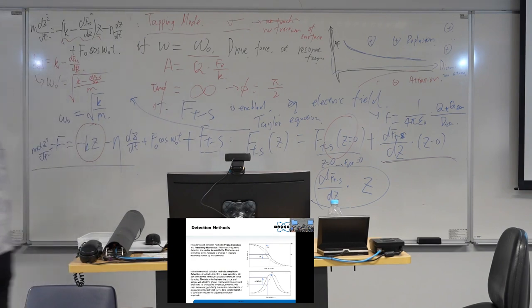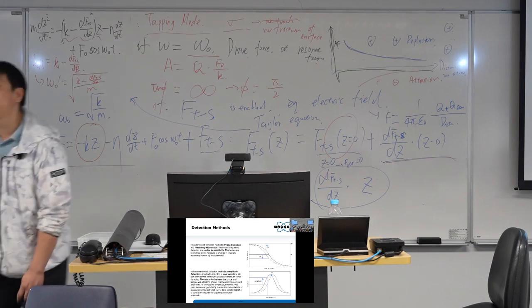We drive the probe to oscillate at the original resonance frequency, but we apply a force. The resonance frequency shifts. So we will definitely sense a phase shift or amplitude shift.